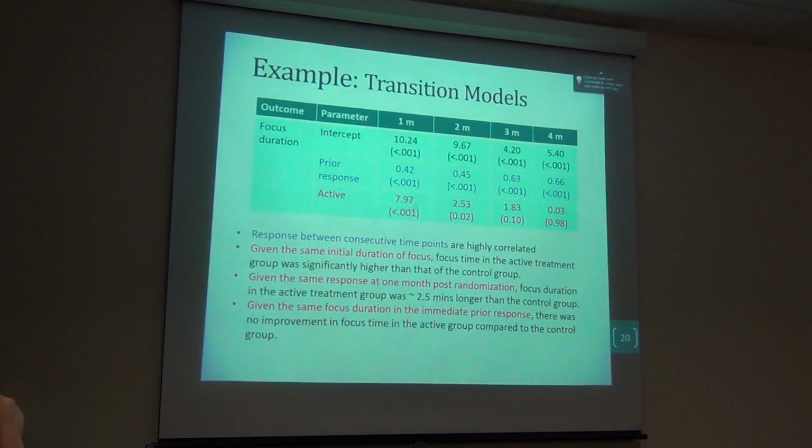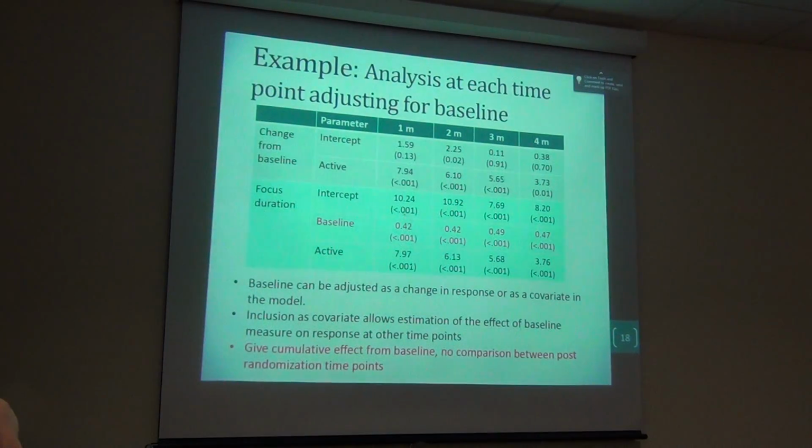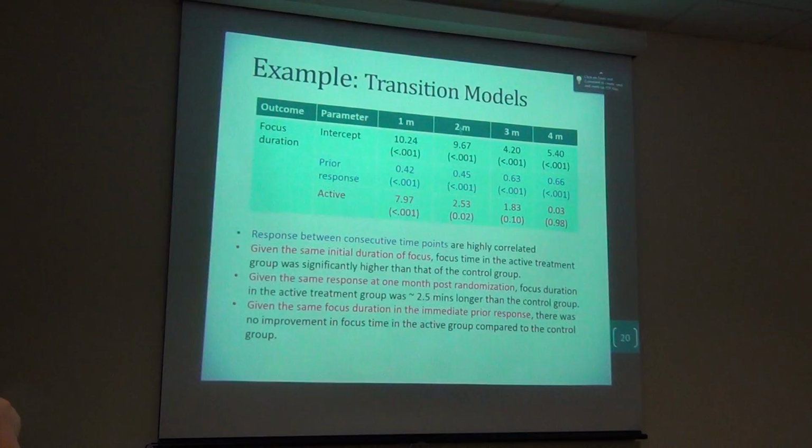So this is exactly the same as this model. Okay, so it's the exact same thing. At 2 months, what we adjust for is the response at month 1. So in this model, for people who have the same duration of focus at 1 month, the active group's focus duration is 2.5 minutes longer than the control group.